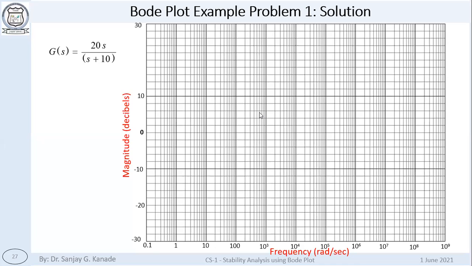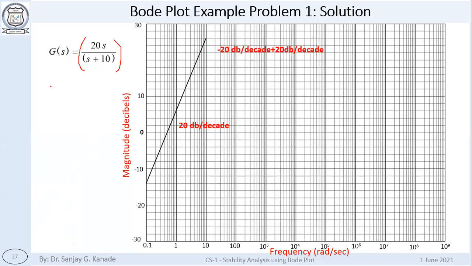So we will continue today the discussion on Bode plots. We have seen this example of Bode plot, right? This one, 20s upon s plus 10. Now, when we calculated the Bode magnitude plot, we went step by step.